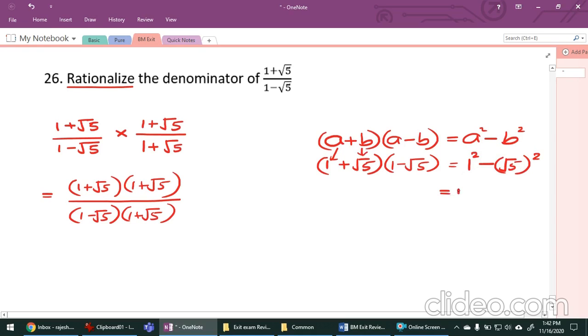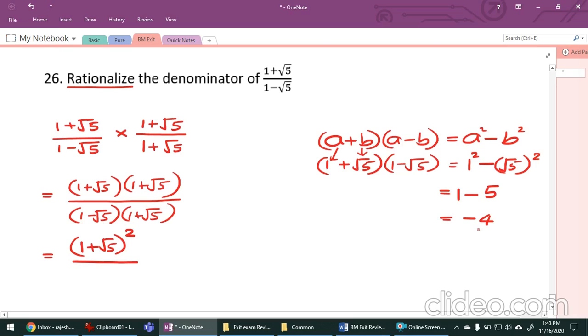1 square, you know, it is 1 only. Minus root 5 square means square and square root will cancel, only 5 here. What is 1 minus 5? Minus 4. There is no square root here. So look here, what will be the answer? 1 plus root 5 into 1 plus root 5 is 1 plus root 5 square, same number, A means A square, divided by 1 minus root 5 into 1 plus root 5.